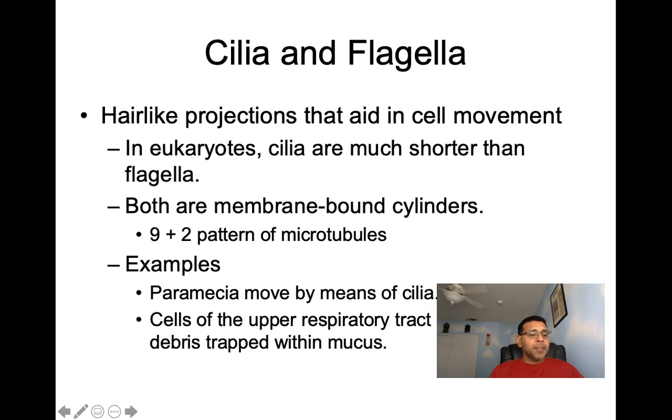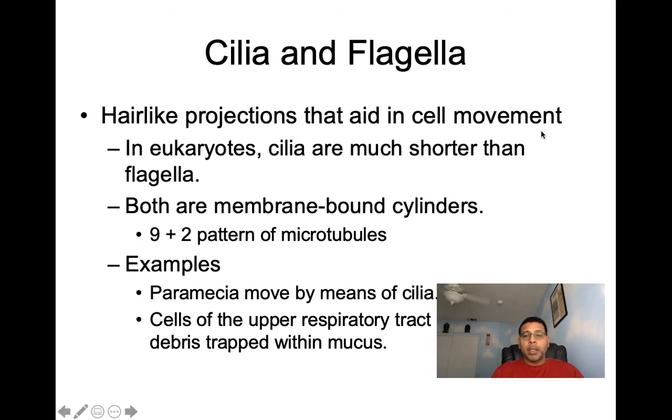Let's talk cilia and flagella. Now when we talk cilia and flagella, these are examples of microtubules. Cilia and flagella are hair-like projections that can move like a whip or an oar, and they will move like a whip or an oar to aid in cell movement or to help move things along the surface of the cell.